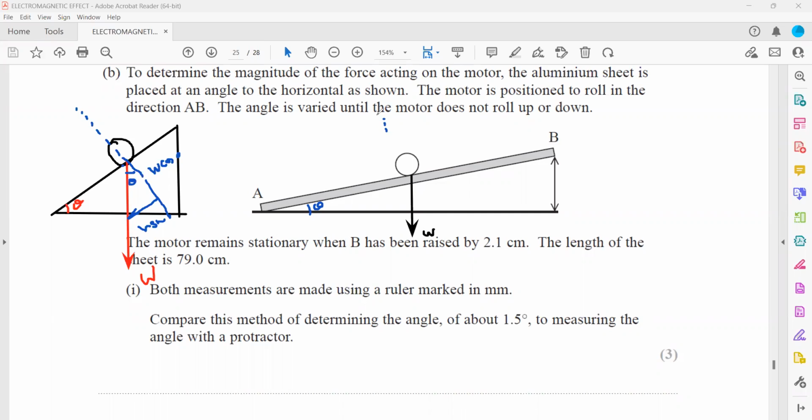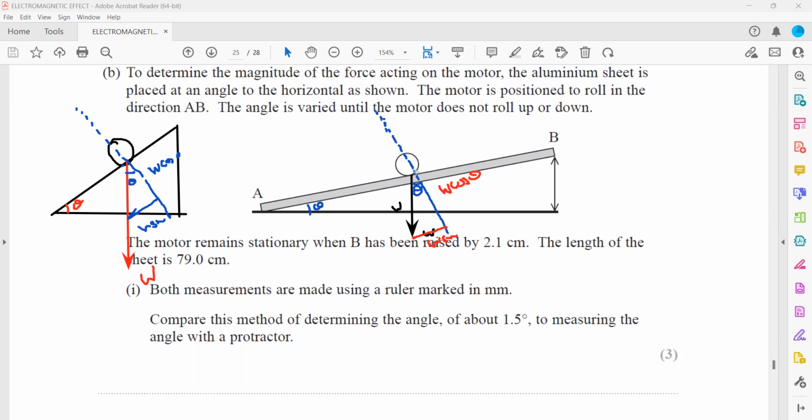On an inclined surface, when we take the axis, this angle theta is the same as the angle of the inclined surface. So weight will have two components, W cos theta along the angle, and W sin theta. And this W sin theta is balanced by the force which is opposing the motion.